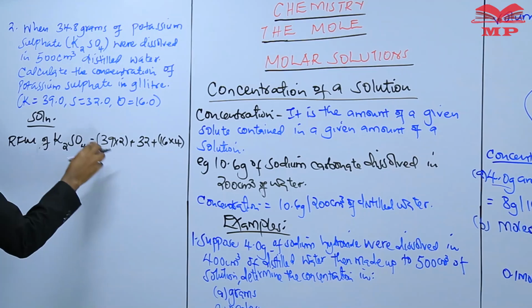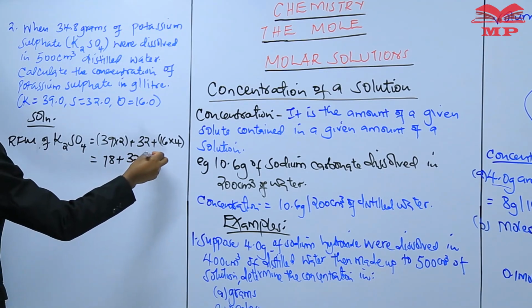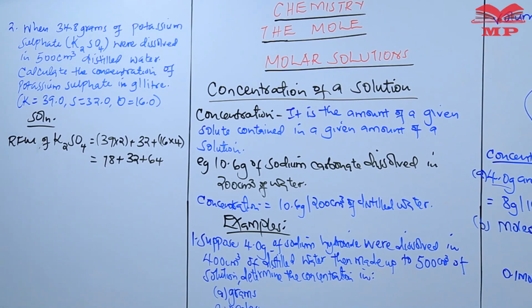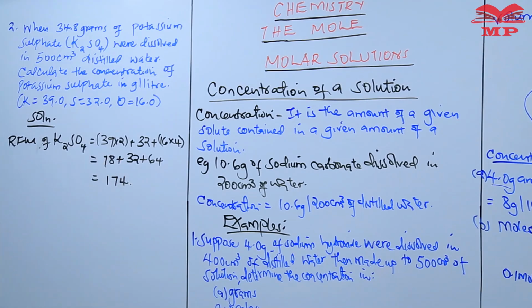So 39 times 2 is 78, plus 32, plus 64. That is 174, the RFM of potassium sulfate.